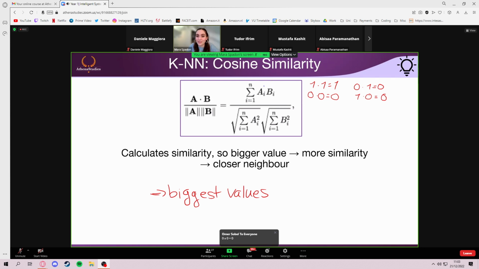So for this one, the amount of times where A and B are both equal to 1, because that's the only instance where it will return a value of 1. And then underneath this division line, we also take the sum of the amount of times where the value of A is equal to 1.